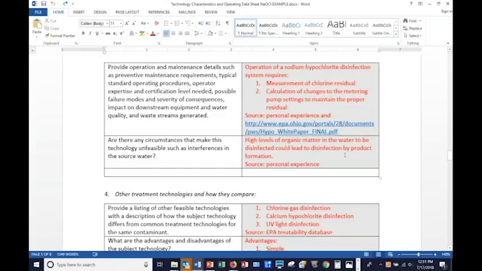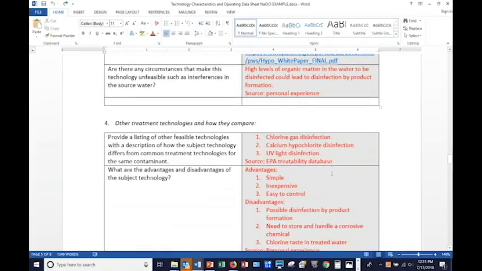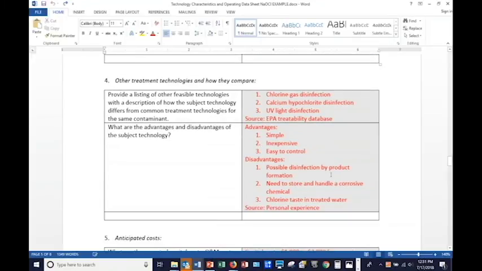Next section is on other technologies and how they compare, along with the advantages and disadvantages. So most of this stuff I put down from personal experience, but then I also had some information from EPA's treatability database.